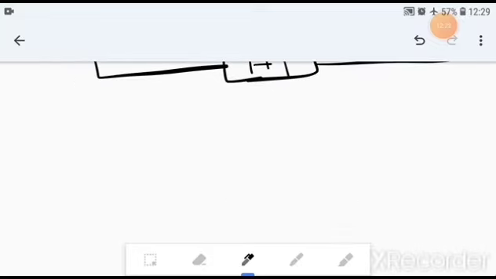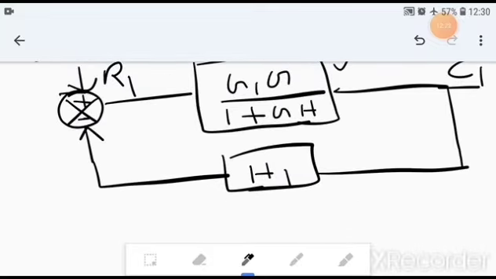So what we can combine using rule number 10, that is G1 G by 1 plus GH whole divided by 1 plus H1 G1 G by 1 plus GH.